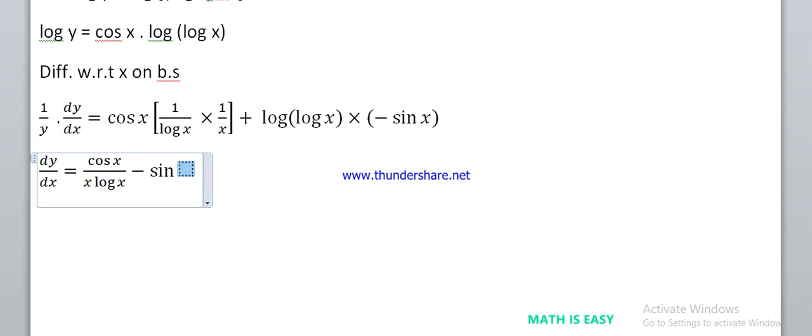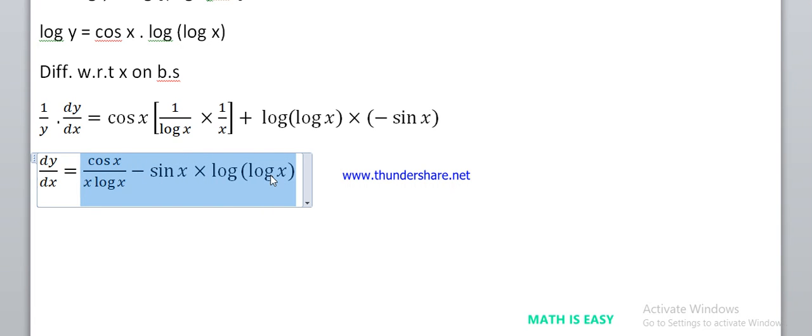This is going to be sin x multiplied by log of log x. So if you want to keep the bracket, maybe you can maintain the bracket here, log of log x. Now into y, this y will come as a multiplication symbol.